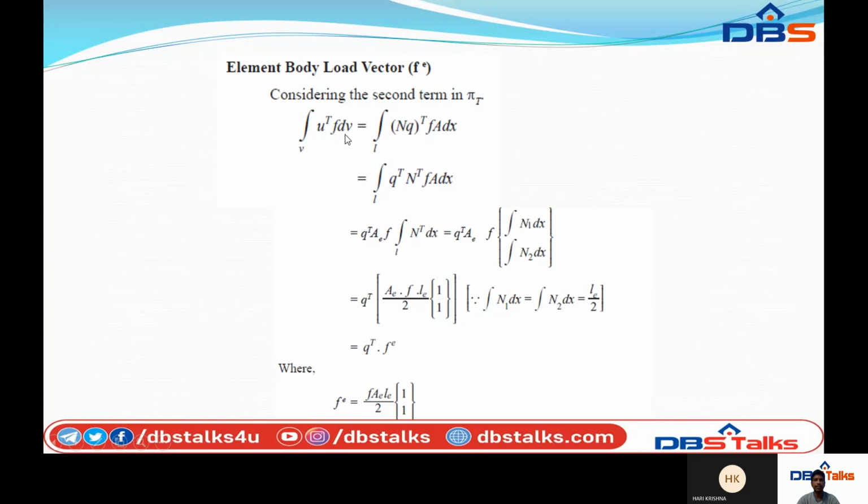It is the integral of U transpose F dV. U transpose is from the strain energy of the system, F is the body load vector, the body forces, and dV is the derivative of volume V.